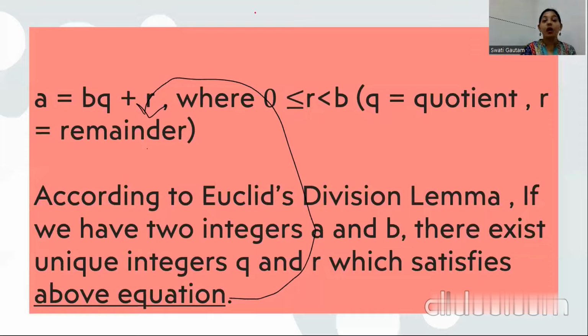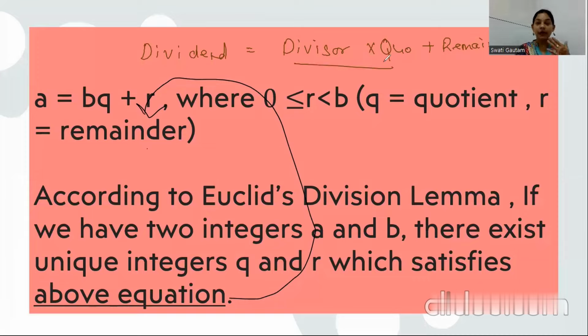Now, you know very well that dividend is equal to divisor into quotient plus remainder. In the Euclid division algorithm, we use this equation.